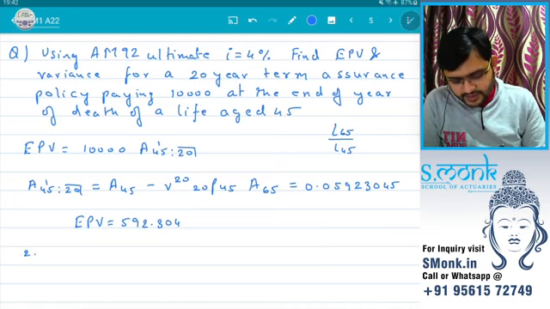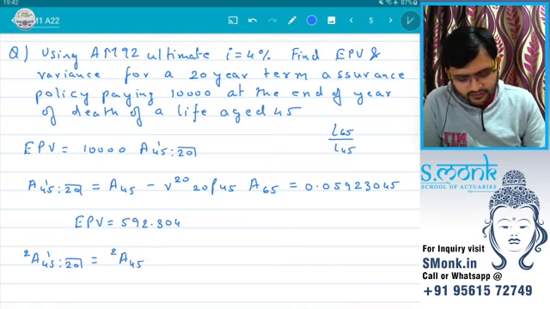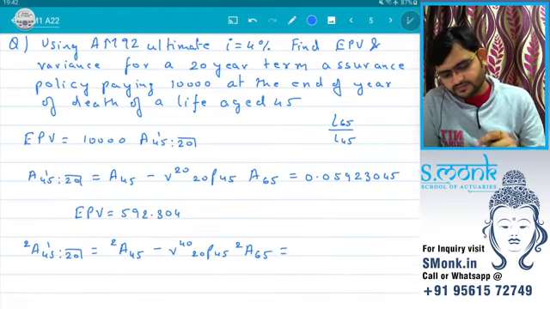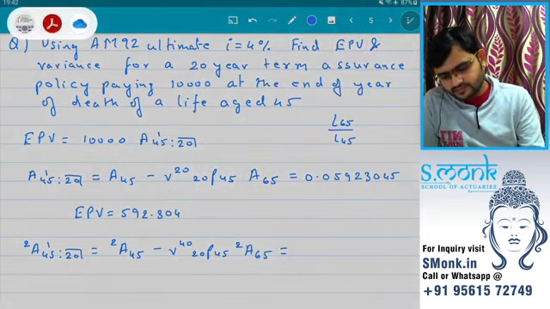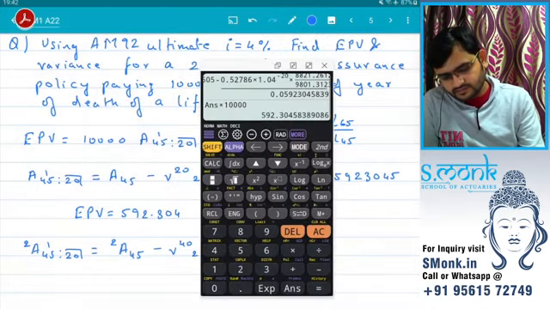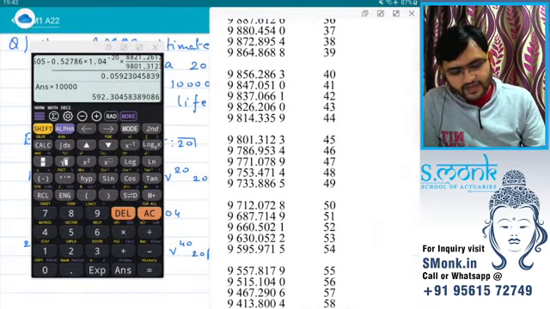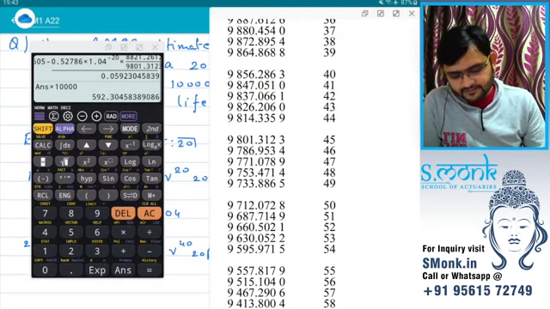For variance, we'll calculate 2A 45-20. We'll take 2A 45 minus v raised to 40, 20p45, 2A65. So again, we will require this l65 and l45.